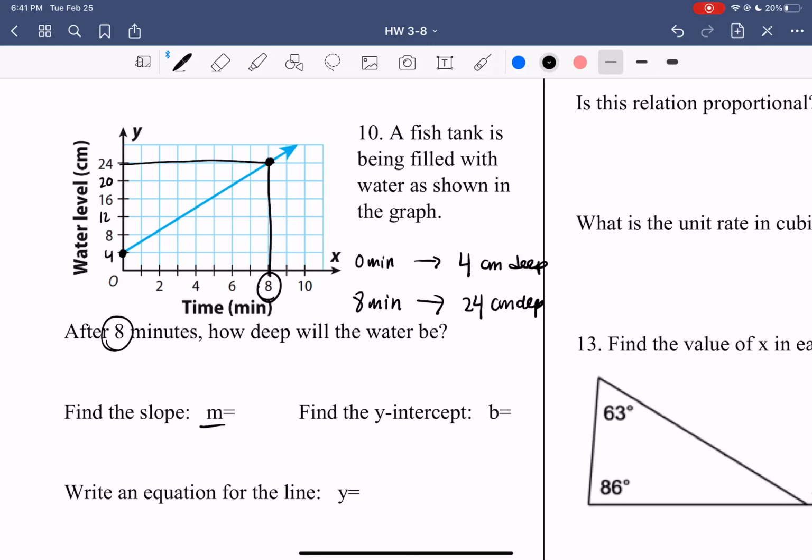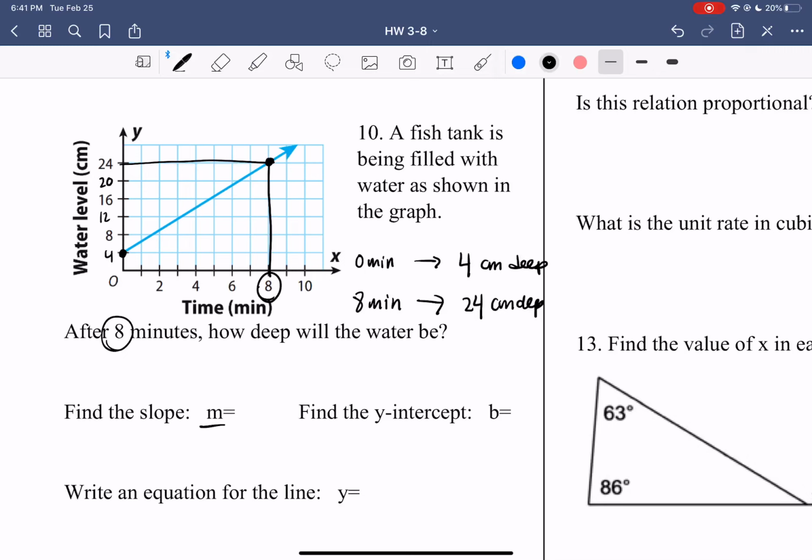And my run is, and here they're just going by ones too, on the x-axis going by ones. So we're going over 1, 2, 3, 4, 5, 6, 7, 8. 20 over 8, which will simplify to 10 over 4, which would also simplify to 5 over 2.